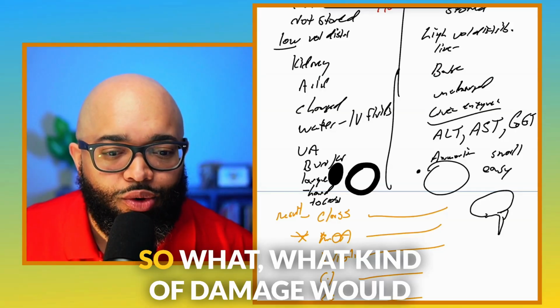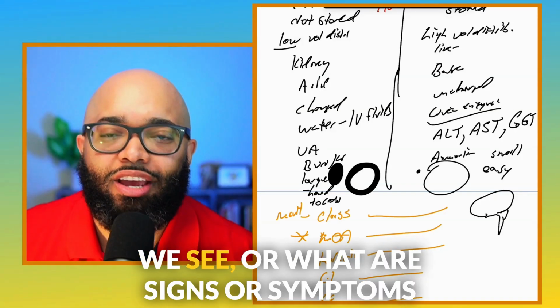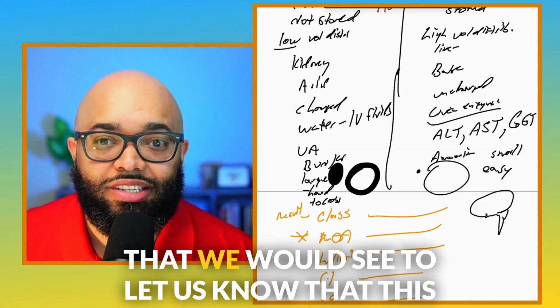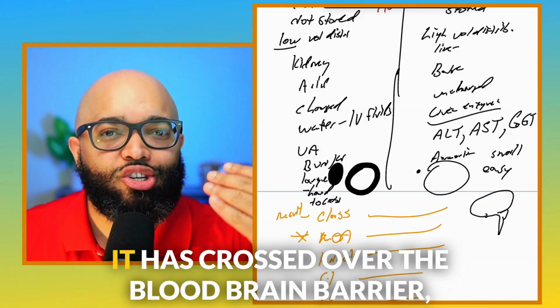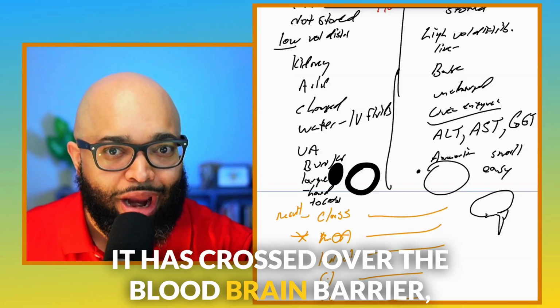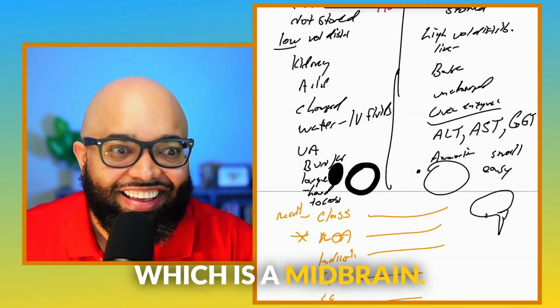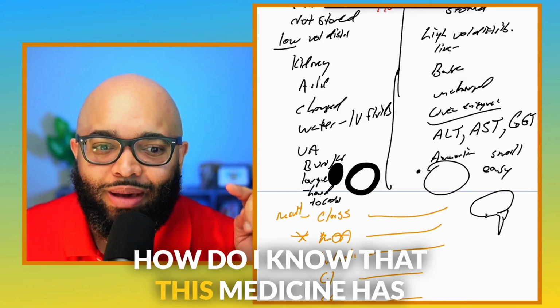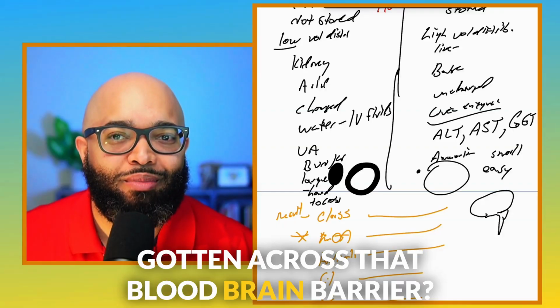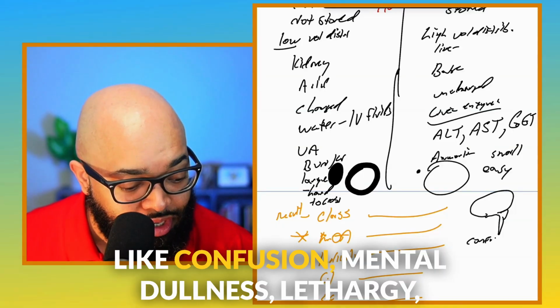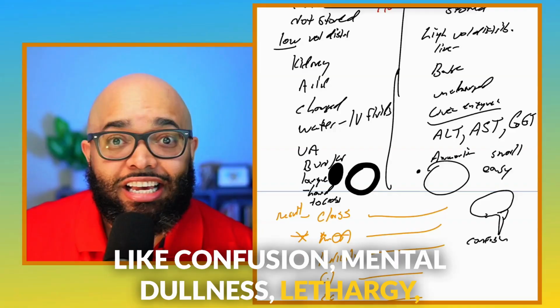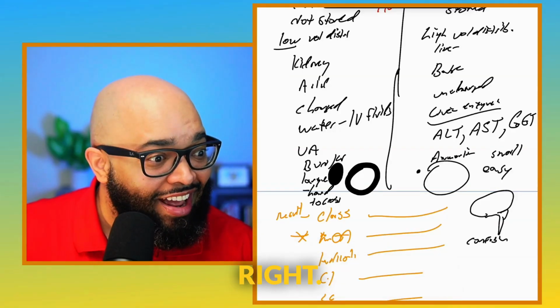It can. So what signs or symptoms would we see to let us know that this medicine has crossed the blood-brain barrier, which is a membrane? Signs and symptoms like confusion, mental dullness, lethargy, sleepiness, somnolence, right?